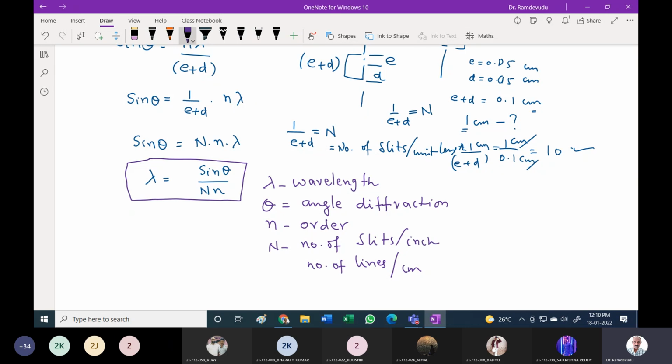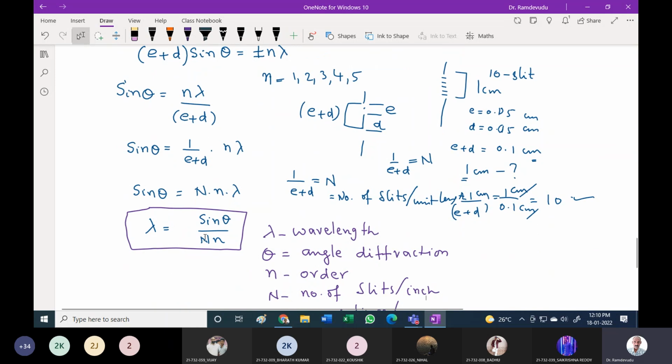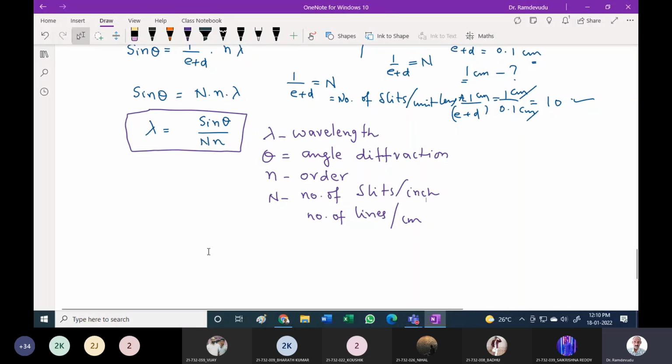So the question may be asked: how to determine wavelength using a diffraction grating? You take the grating equation, you solve it, and show that lambda is equal to sine theta by n into N, by measuring theta, the angle of diffraction, from the experiment.